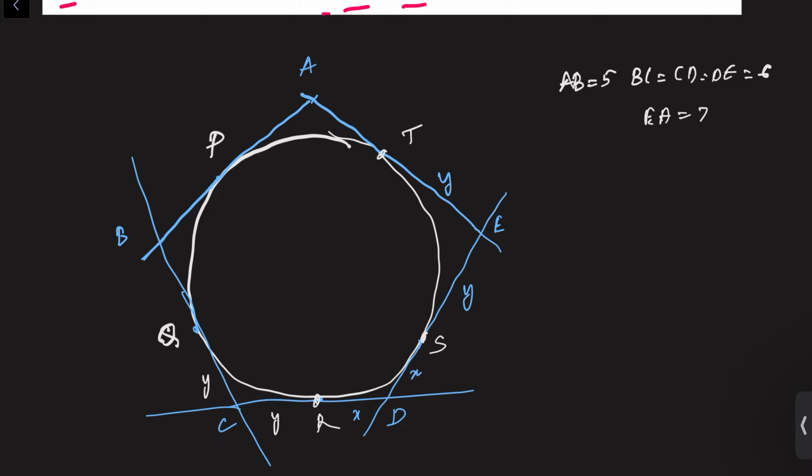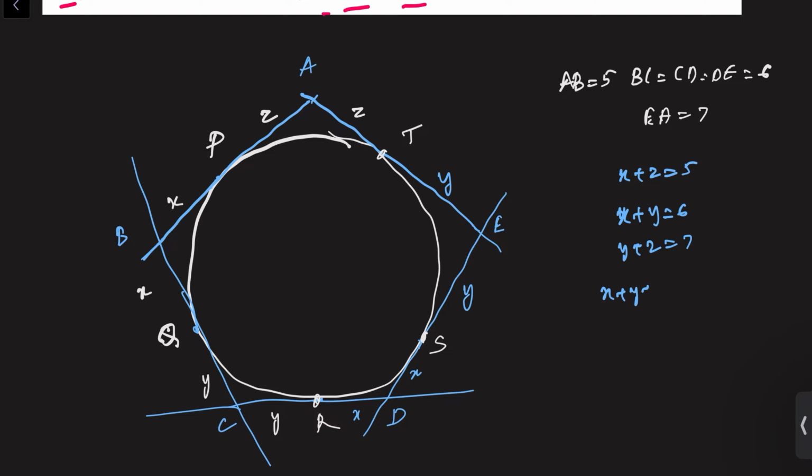So BC is nothing but X plus Y, so that means BQ will also be X. In a similar way, if we consider this as some Z, this will also be Z, and BP will be X. So that means I have the equations X plus Z is 5, X plus Y is 6 and Y plus Z is 7.